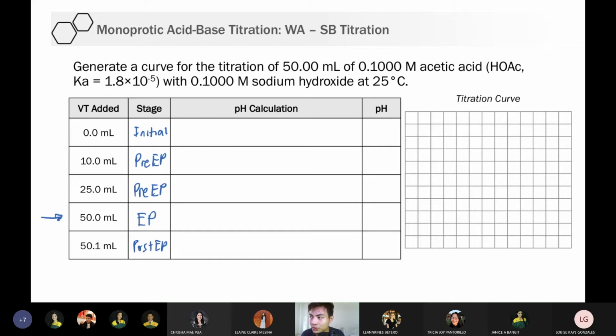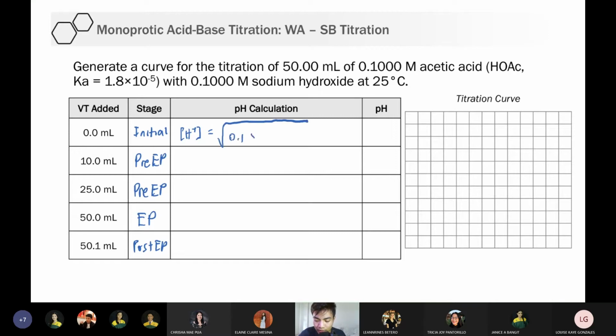Okay? So, I know that this is WASB titration. So, I have the corresponding equations to be used in the previous slide. Nagsasolve na ako. Initial. Again, initially, we can solve for the pH as hanapin mo muna yung concentration ng H+. So that's the square root of Ka times C. Let's plug the values in this equation.